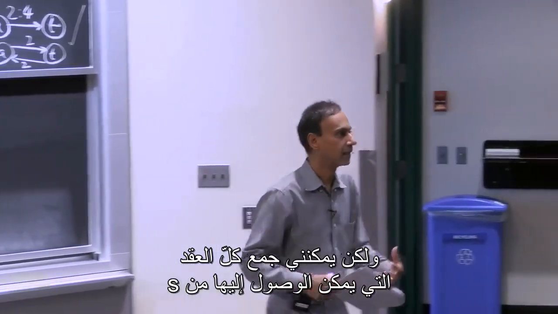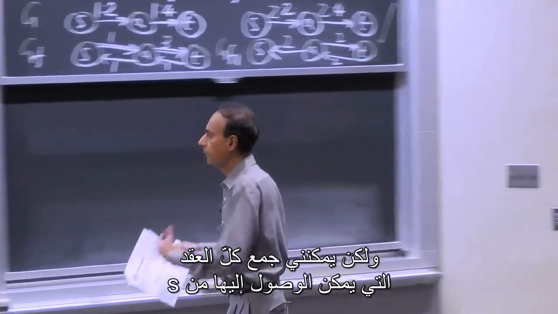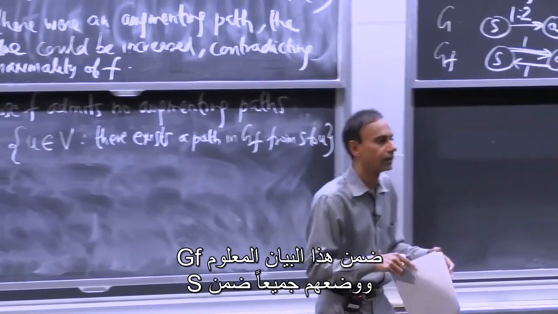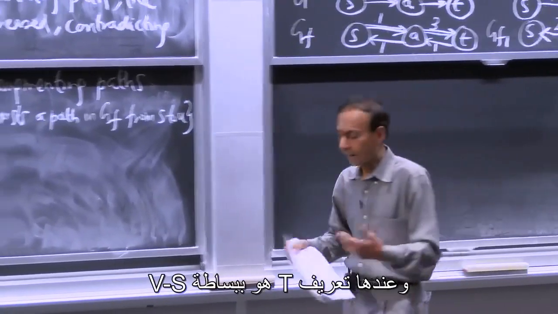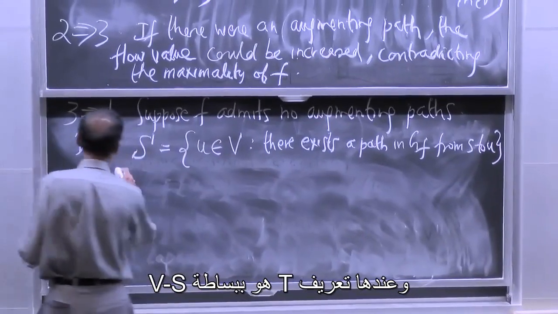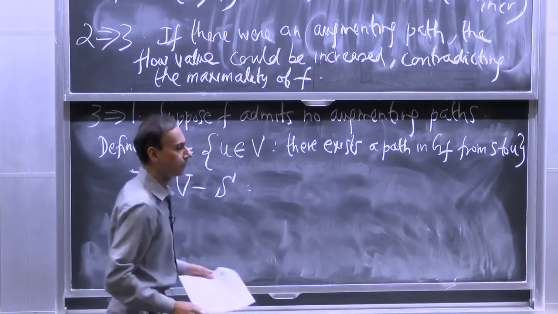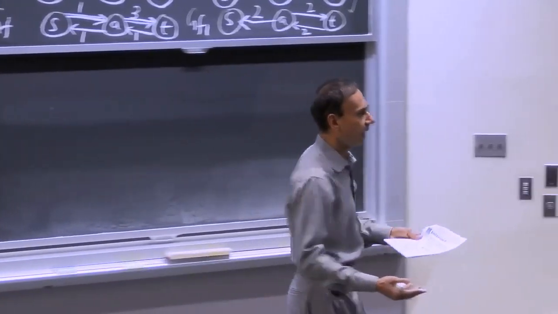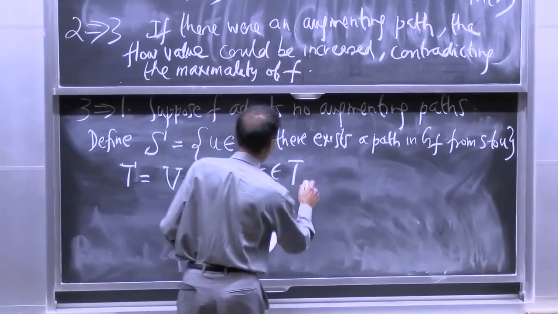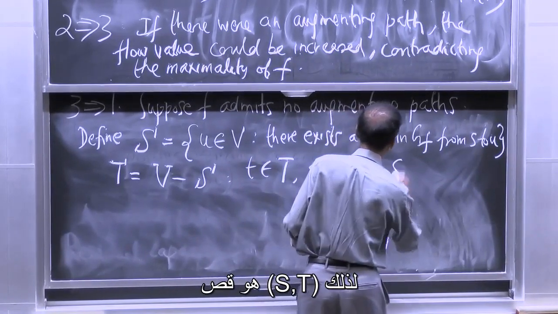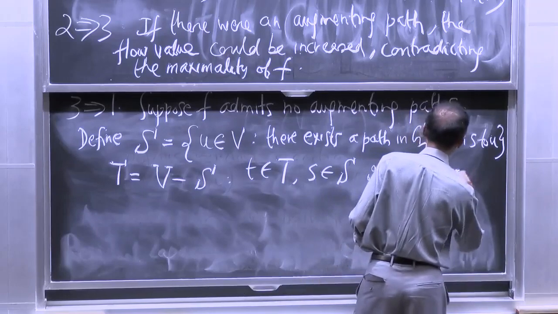But I can collect all of the vertices that can be reached from small s in this given G_f and put them all into cap S. And then my T definition is simply V minus S. The key observation, which I already made but is important to emphasize, is that small t belongs to cap T, and obviously small s belongs to cap S. Therefore, (S,T) is a cut.